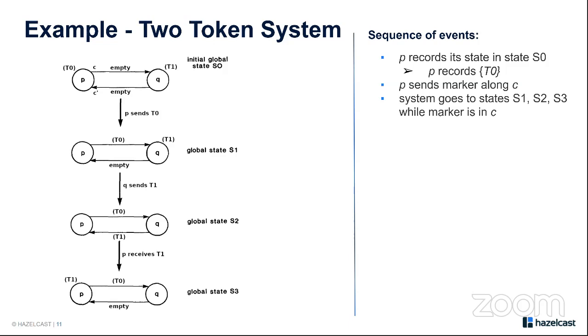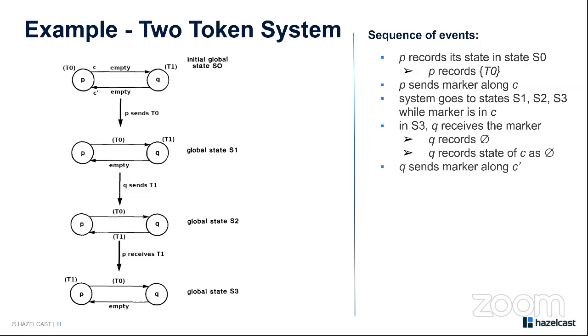What happens now? In S3, let's say, process Q receives the marker. So it records the state of Q as empty, because in the meantime, it sent the token T1 out. And it records the state of channel C as, again, an empty set.